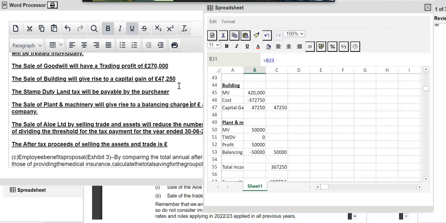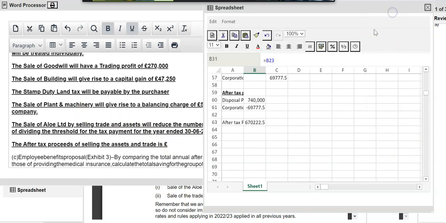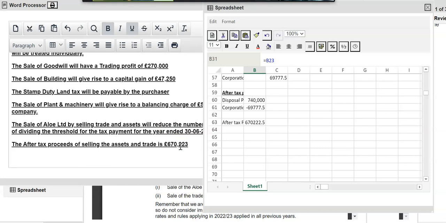Then the balancing charge was 50,000, right? Okay, so the after tax proceeds are how much? 670,223. Okay, so I'll be writing one last line.